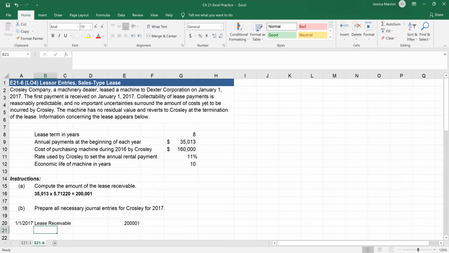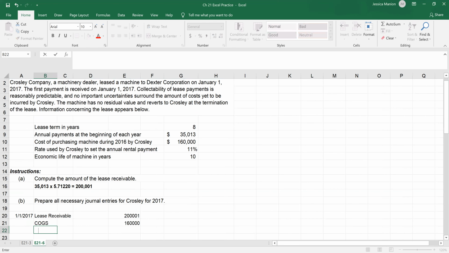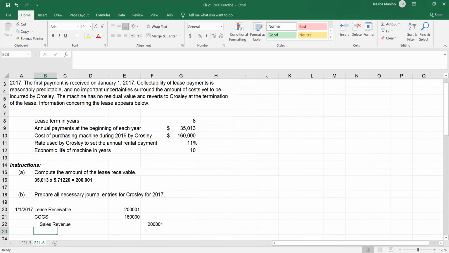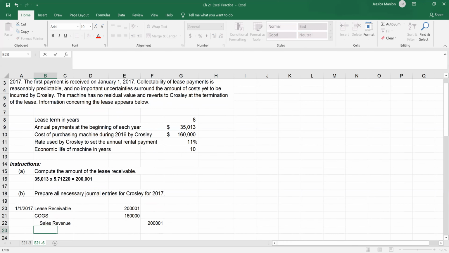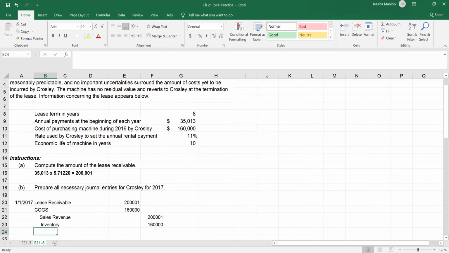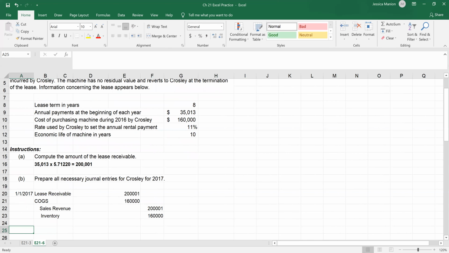Remember, cost of goods sold increases with the debit, so we're going to debit cost of goods sold 160,000. We're going to credit sales revenue 200,001. And then we're going to credit inventory 160,000. That is what the first entry would look like.